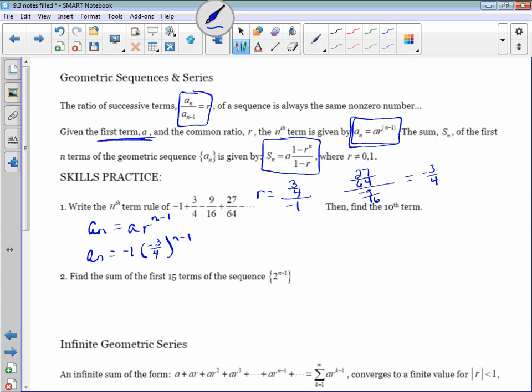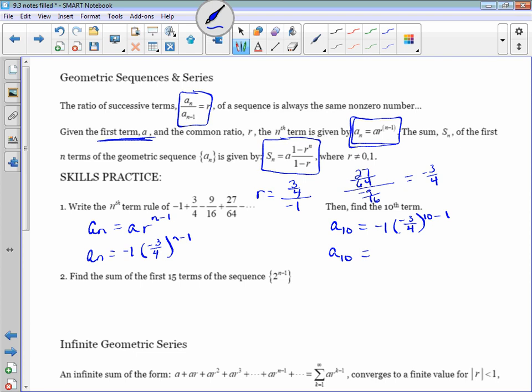Okay, so let's do the 10th term. So we've got our rule now. So if we're going to find a sub 10, that's going to be -1 times -3/4 to the 10 minus 1, or you can certainly just put in a 9. See what you get on your calculator.